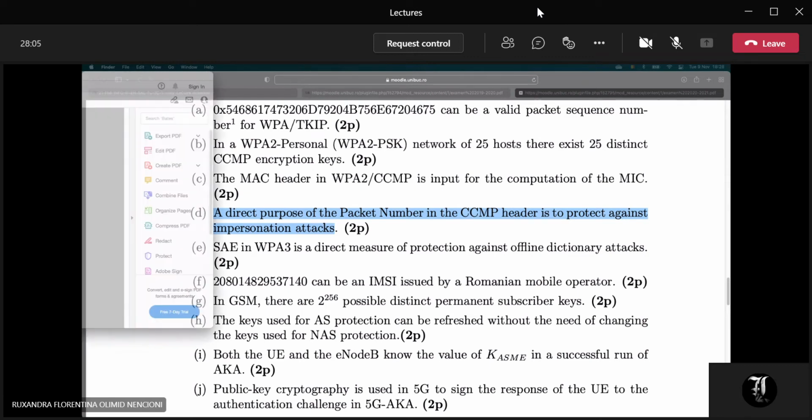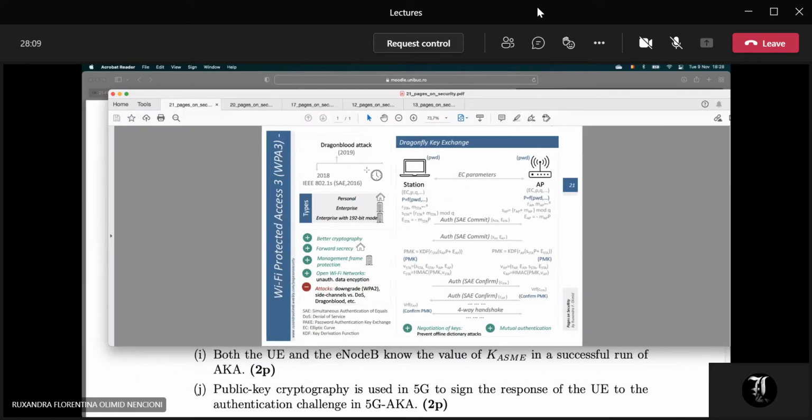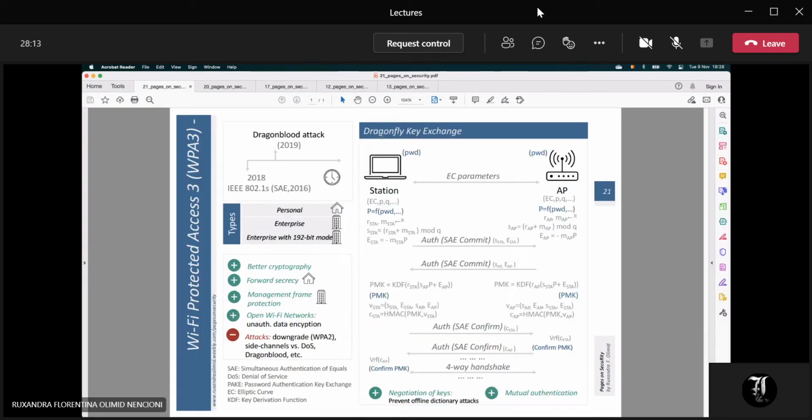I think it's true. Yes, WPA3, it is true. We were doing all these strange exchanges of messages, and somebody said it's looking like a Diffie-Hellman. It's not exactly, but it does look like it.